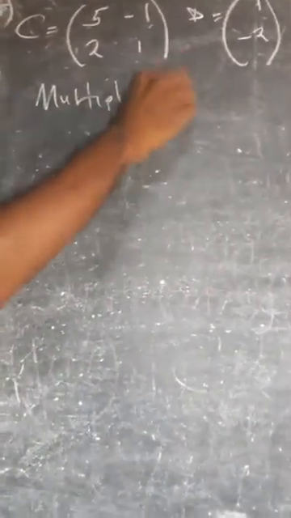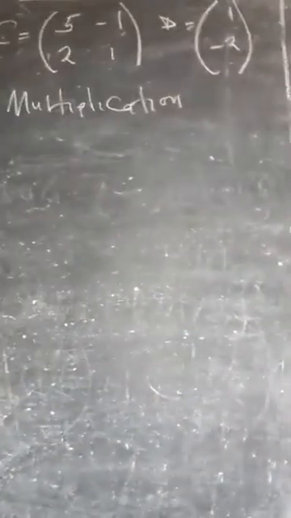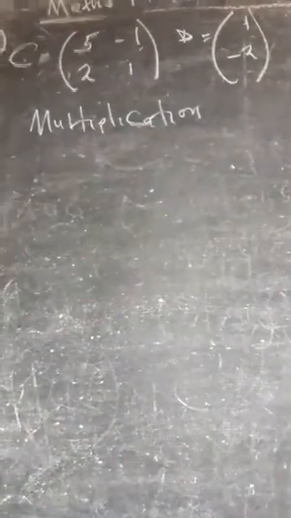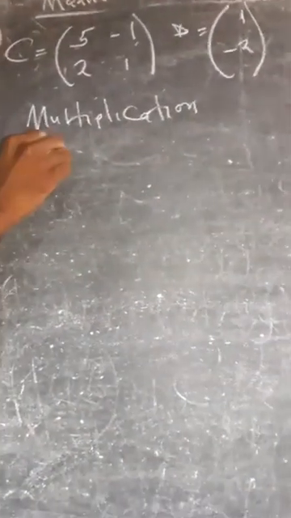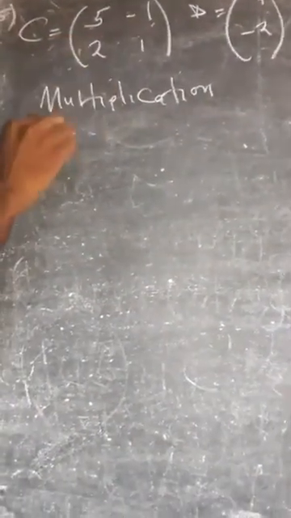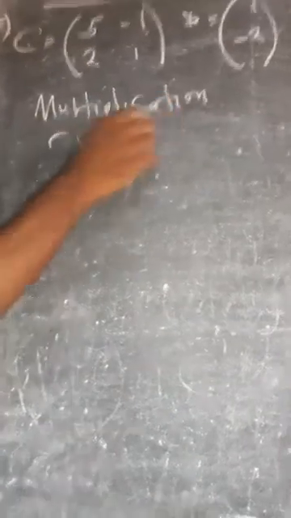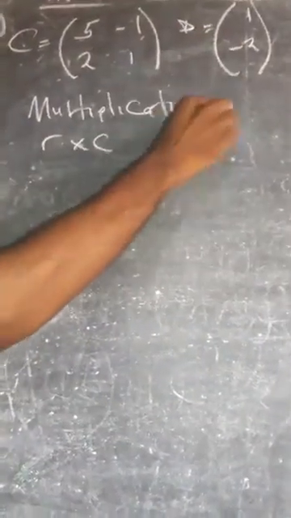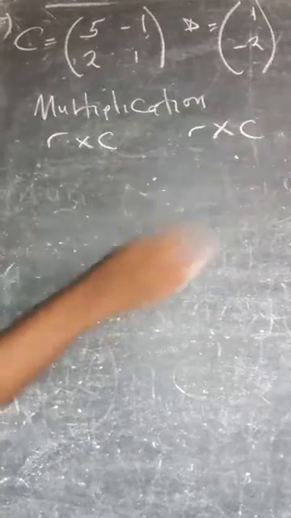Multiplication of these matrices. Now, what's the rule? These are ordered as rows and columns, that's row by column.